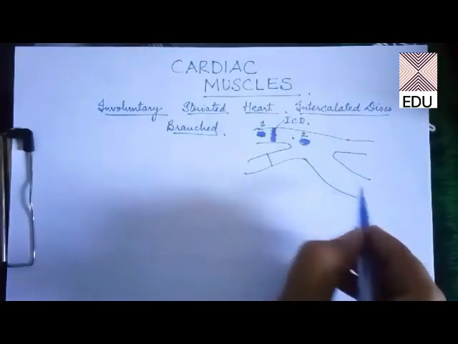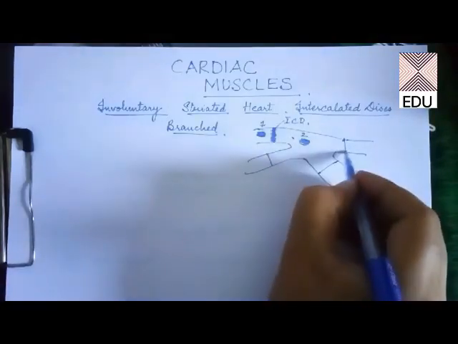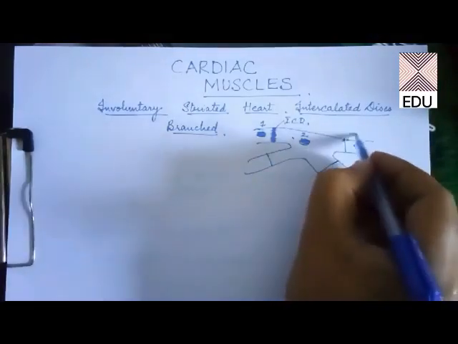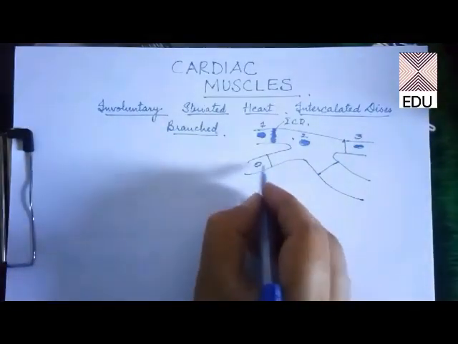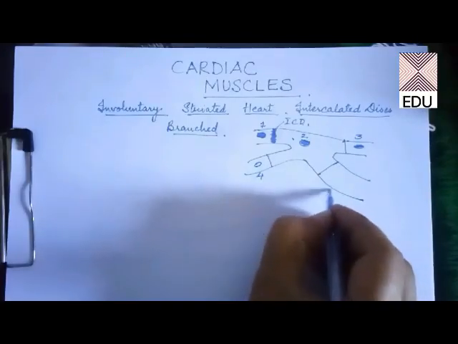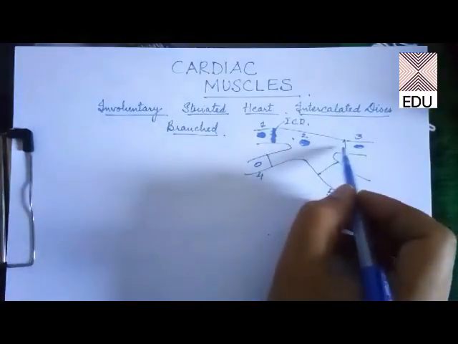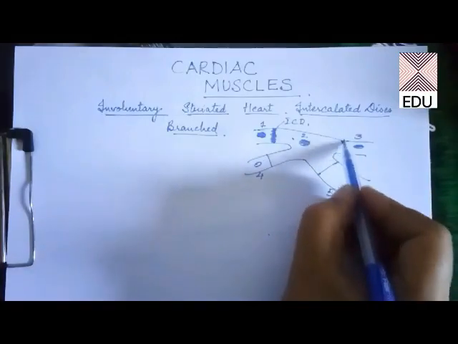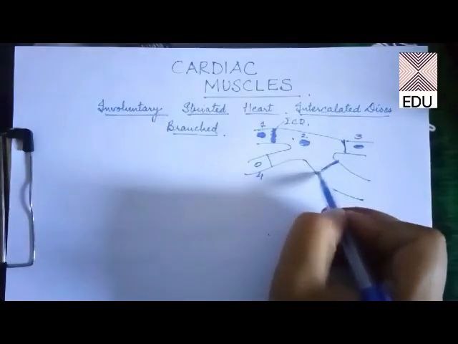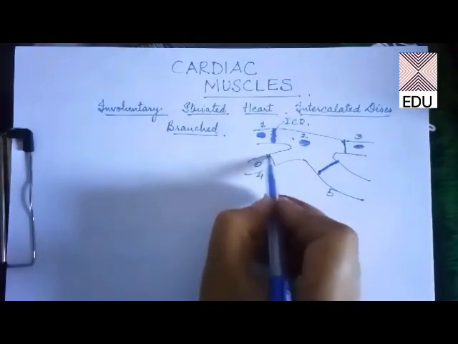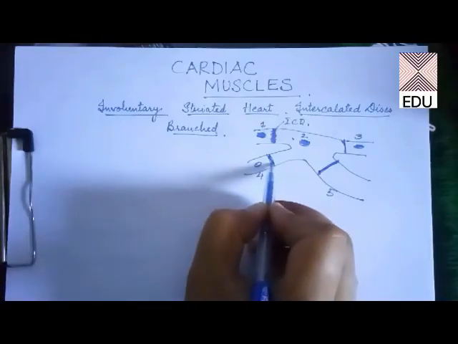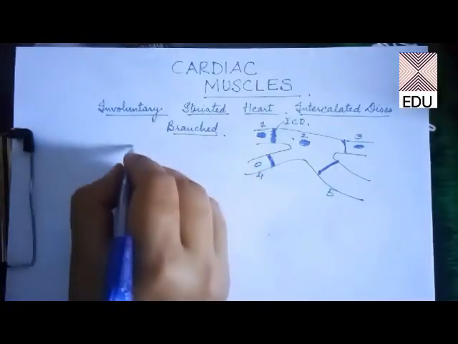So if I take, suppose, this is cell number 3, this is cell number 4, this is cell number 5. So these are the intercalated discs which are joining these cells. So these intercalated discs, they have got two things.